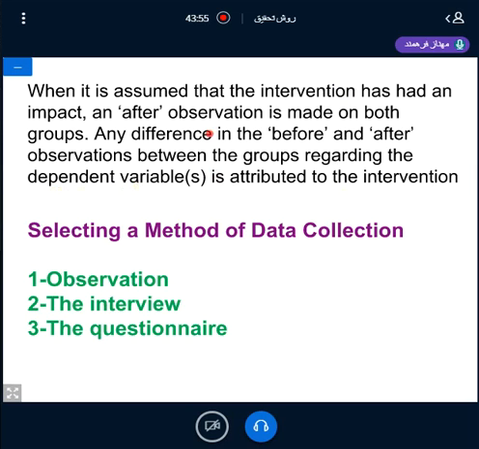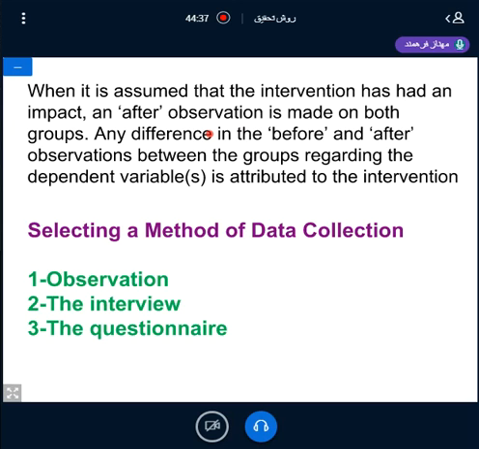So before the study, we must focus and study on the control group and the experimental group. And after the study, the observation is important in the control group and the experimental group. So we must compare these two groups before and after observation. Okay.